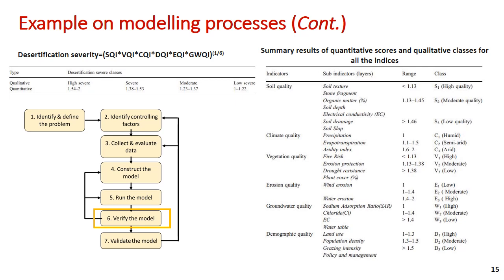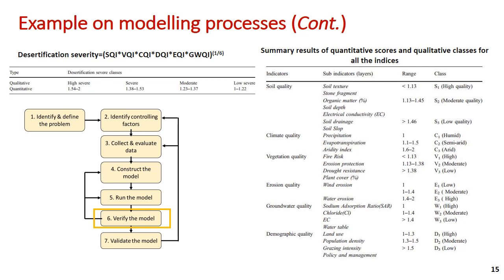And then you can come up with a map that classifies the area either qualitatively or quantitatively. Qualitatively, like either a high severity, or severe, or moderate, or low severity, and then each one of these is given a number between 1 and 2, as you can see here.